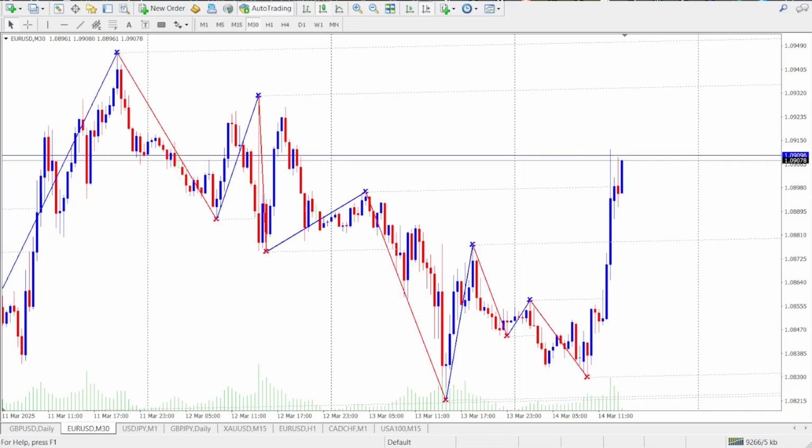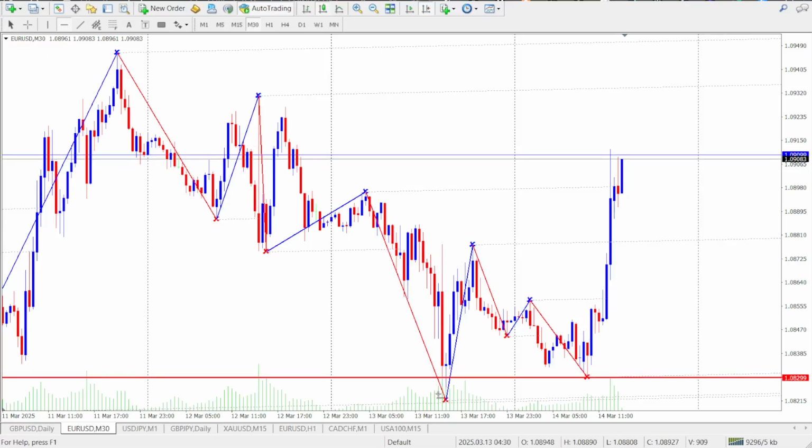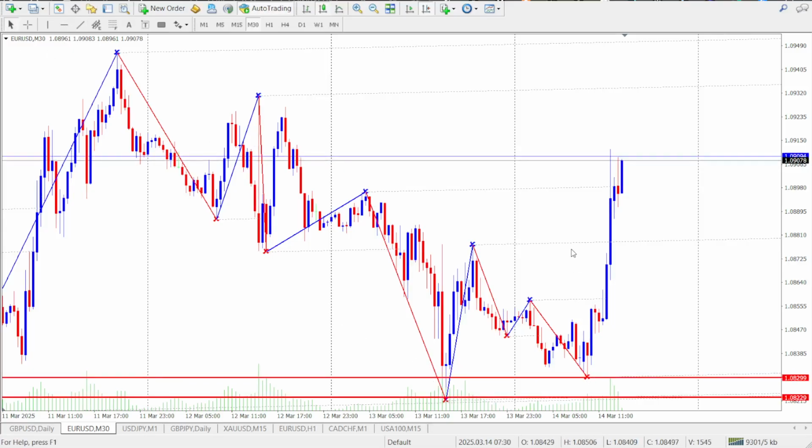Now, let us talk about understanding support and resistance levels. Support levels act as a floor where price is likely to bounce upwards.